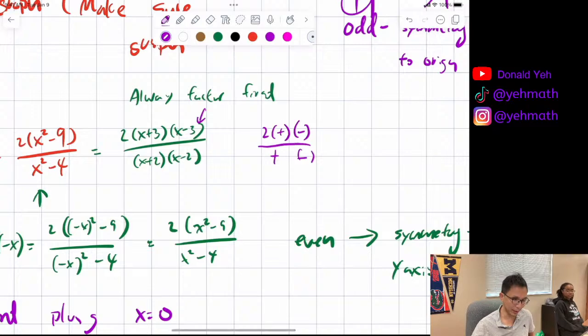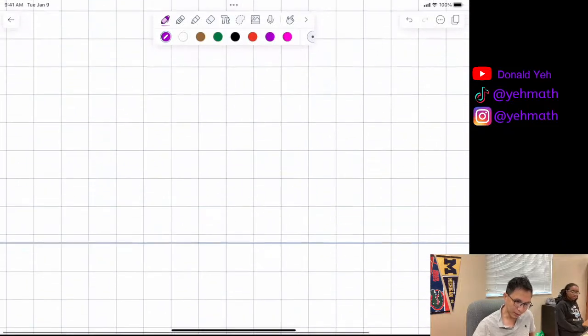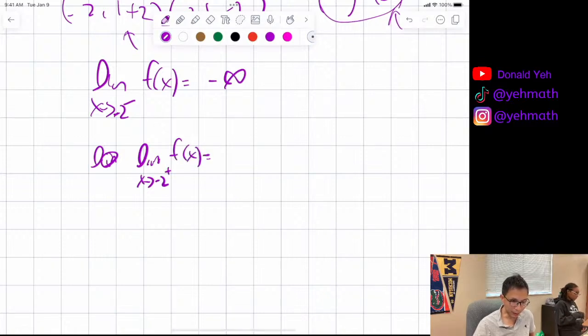So how many negative signs are there? 2. So it's what? Positive. So therefore, the limit as x approaches negative 2 from the positive side is going to be positive infinity. Negative 2 or 2? Negative 2. Negative 2 from the positive side.